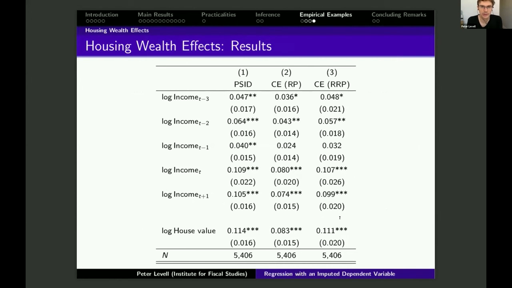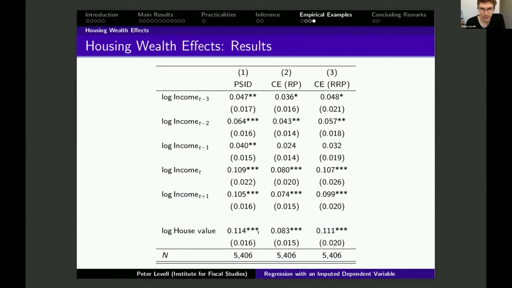Looking at the regression, the first column shows the effect of regressing consumption spending in the PSID from 2005 onwards on lagged income, current income, a lead of income, and current house value. What you can see is that each 10% increase in house value results in a 1% increase in total spending when you look at the PSID.